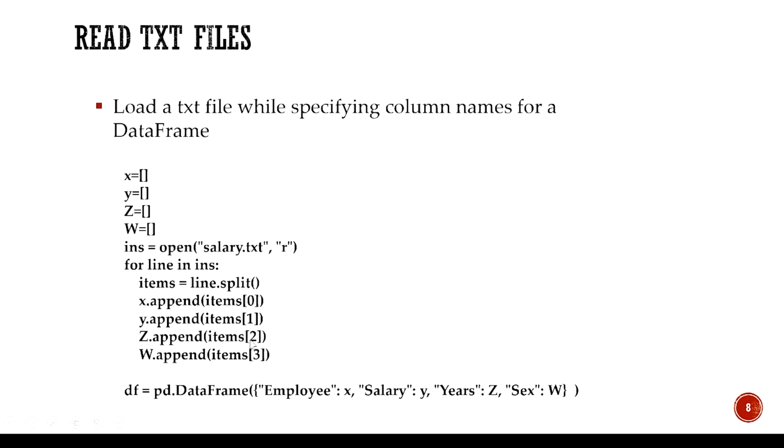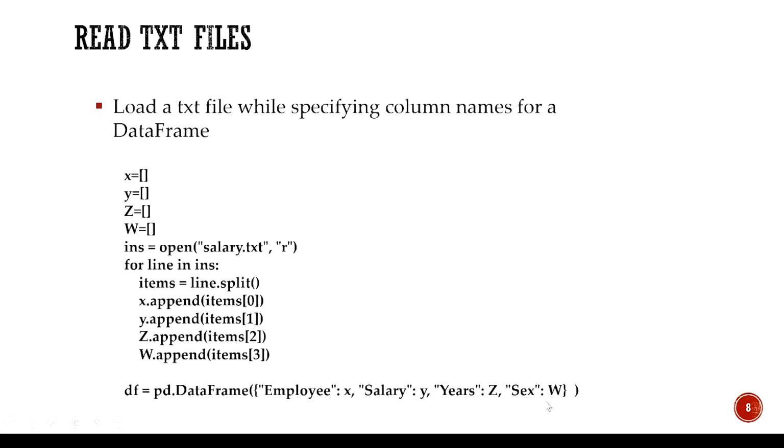Item 2, so the position is 2, or the third column, we assign it to Z, which represents years with the company. And the last item, its index is 3, and we assign it to W, which represents the gender. And then we use Pandas Library, DataFrame, and a dictionary to assign values to each column, and you can see the header of each column here. Okay, let's try to implement this.